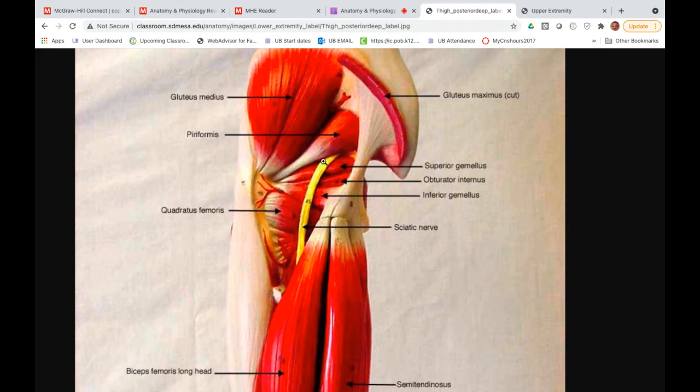These short muscles that you see here, piriformis, superior gemellus, inferior gemellus, obturator internus, quadratus femoris, all of these short muscles are external rotators of the hip, or lateral rotators of the hip. They're synonymous terms.